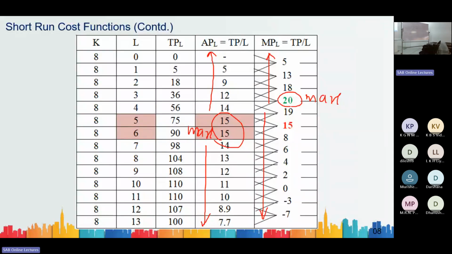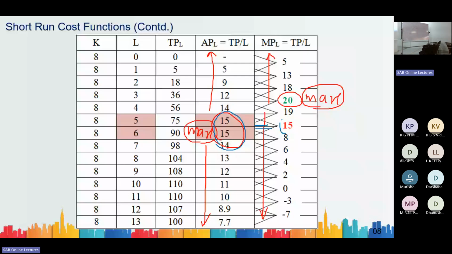And the maximum point of marginal product comes first, and after we have the maximum point of average product. And when average product is maximum, average product and marginal product values are equal.